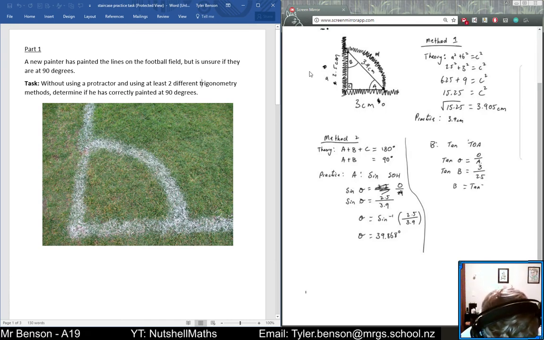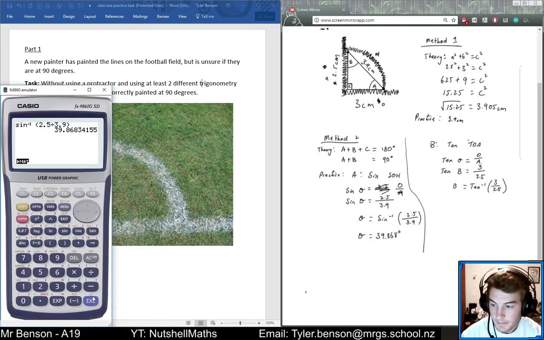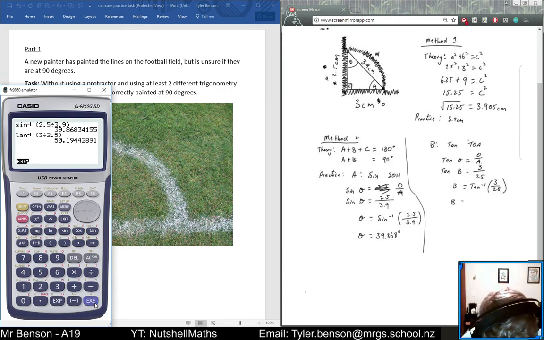We have to do tan inverse of 3 over 2.5. Let's do it on our calculator. 3 divided by 2.5, and that is B equals 50.19 degrees.